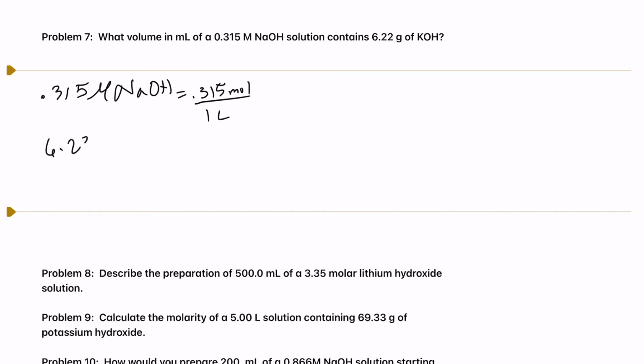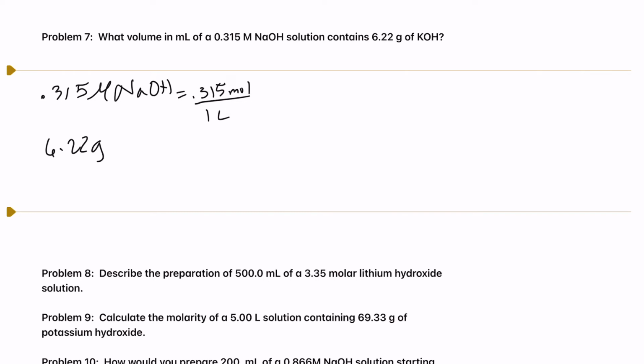Problem 7, what volume in milliliters is a 0.315 molarity sodium hydroxide solution that contains 6.22 grams of potassium hydroxide? They tell us that we have a 0.315 molarity solution, so we know that we're dealing with 0.315 moles per liter.